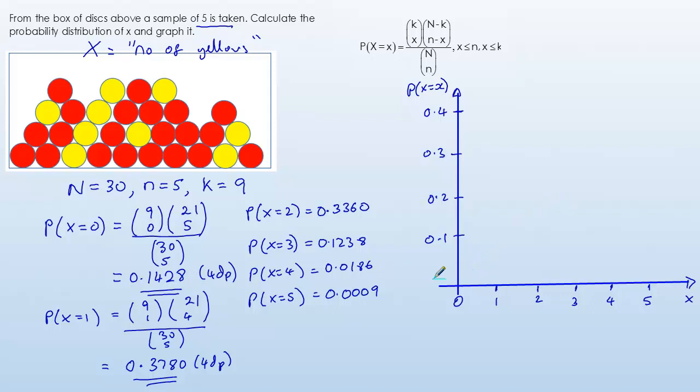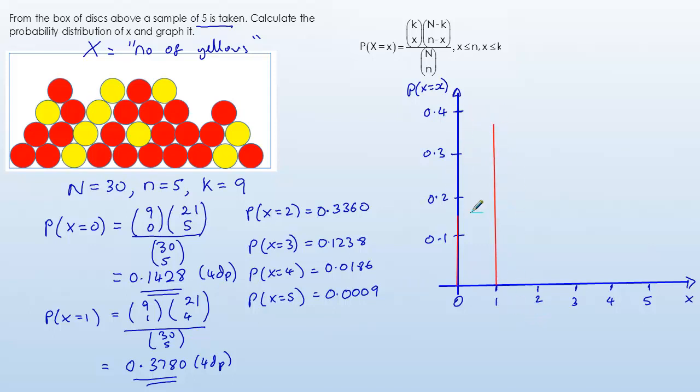so that's 0.1428, so that's going to be about, say, there, and then the next one is 0.3780, so sort of there.